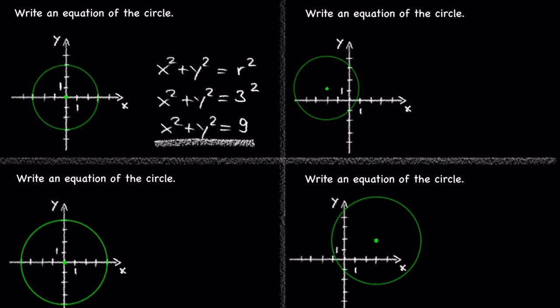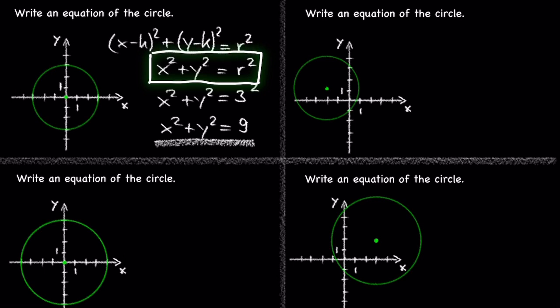Let's take a quick look at the standard equation of a circle to see if this makes sense. (x minus h) squared plus (y minus k) squared equals r squared. We see that when we put 0 for h and 0 for k, we get exactly this equation, which is the equation for a circle which has the center in the origin of the xy plane.